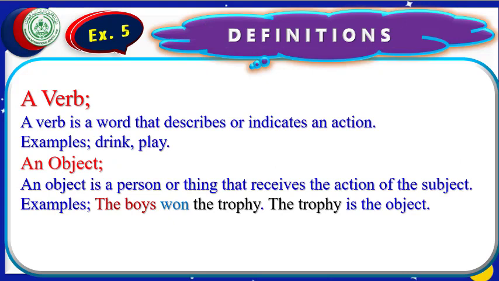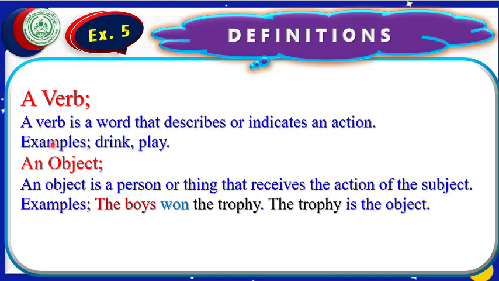Dear students, we know now what is a subject and what is a predicate. Let us try to understand a verb and an object. A verb is a word that describes or indicates an action.